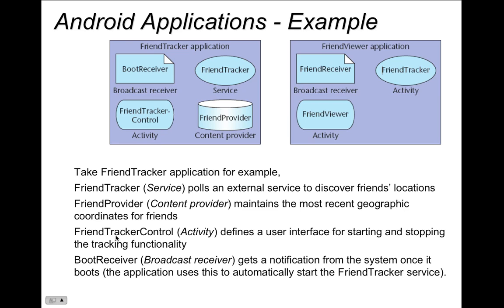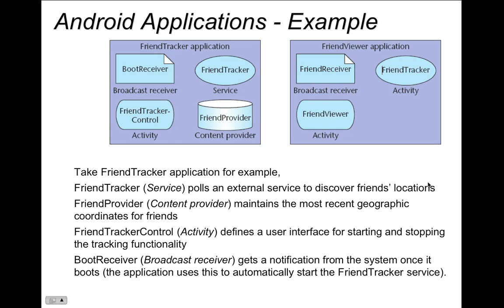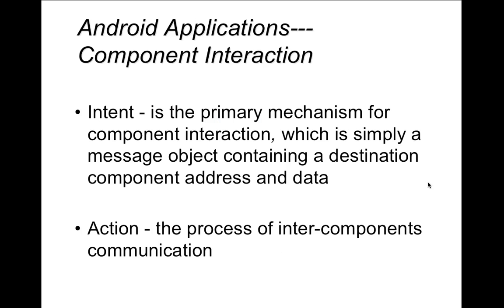And then boot receiver is a broadcast receiver that gets notifications from the system once it boots, and so working with the notifications, the application uses this to automatically start a friend tracker service. So once everything is booted, upon boot, you can take that notification that says, hey, we're booted up, and then start the friend tracker program service in the background. So basically, you don't even have to worry about starting the app.